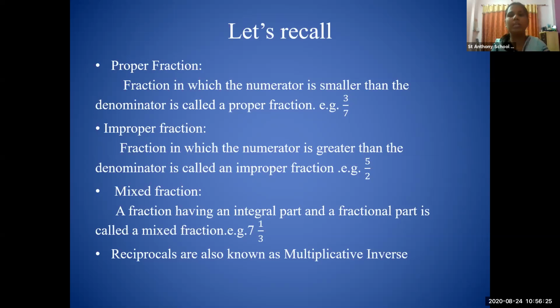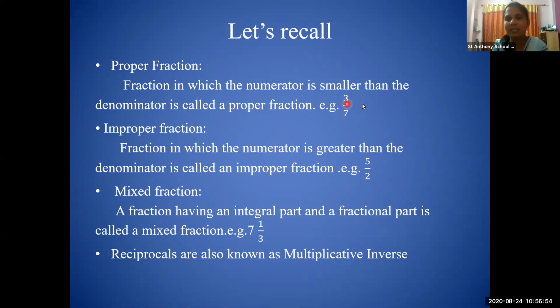So what is meant by proper fraction? A fraction in which the numerator is smaller than the denominator is called a proper fraction. Proper means the numerator is smaller.